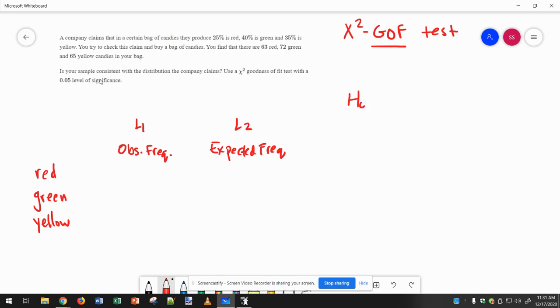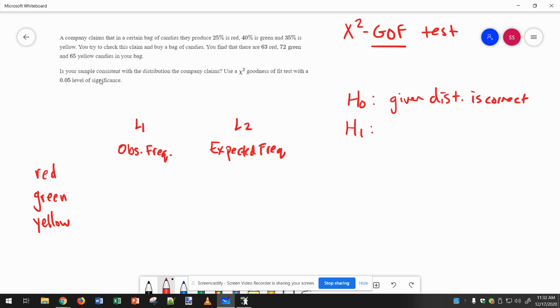We should also set up our null hypothesis. In a goodness of fit test, it would be that the given distribution is correct, or in other words, we could say the observed frequencies are not significantly different from the expected frequencies.